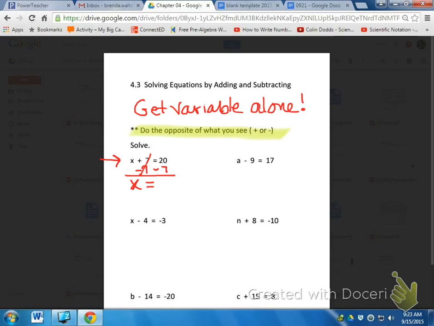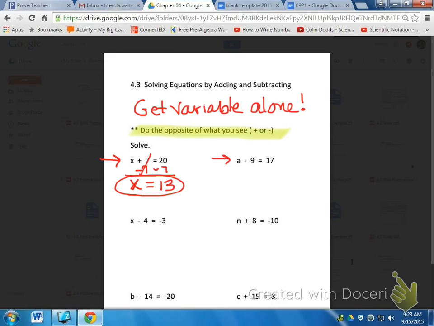And then here's where the problem actually takes place. 20 minus 7, 13. So when you're done, you should have the variable equal to the actual answer. So X equals 13. Make sure you show what you're adding or subtracting, draw a line, and then below the line you will have your answer. Questions about that?